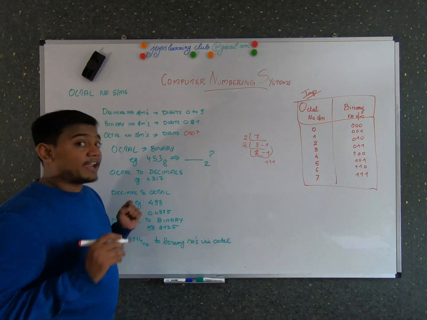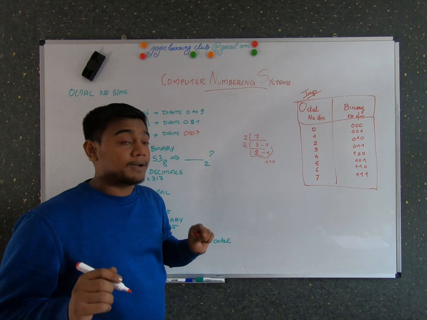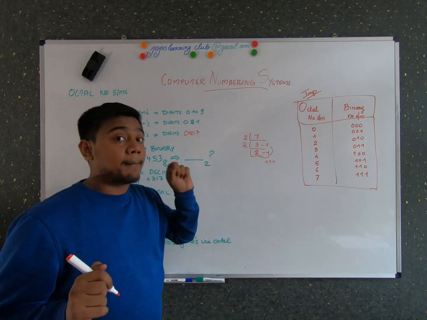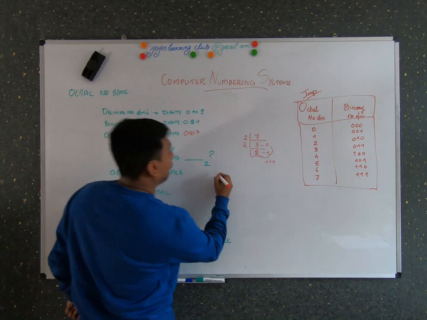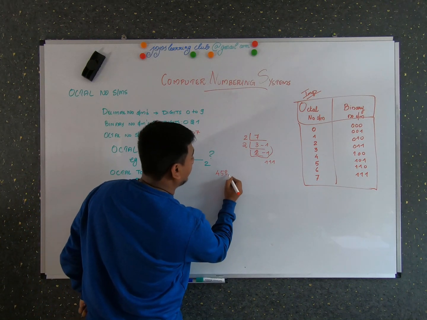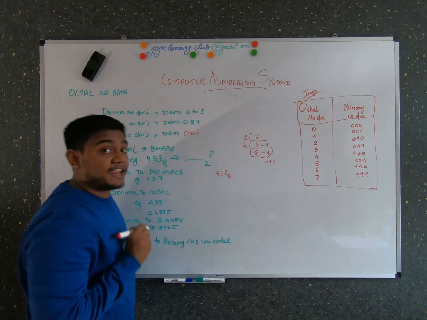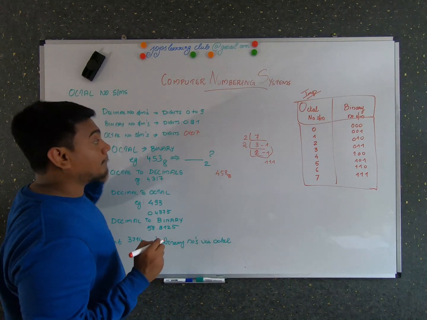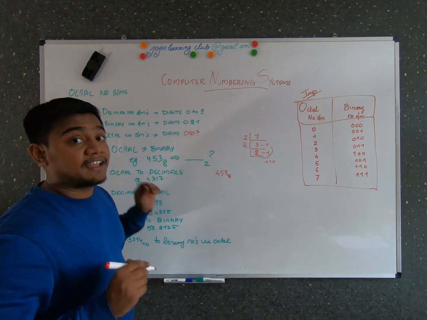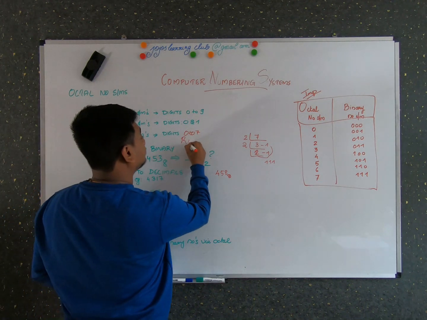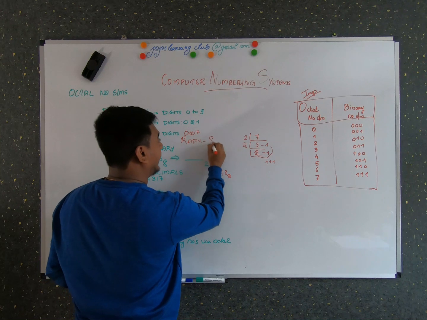As I said, when you write an octal number in terms of binary numbers, you represent each digit of the octal number in terms of 3 binary digits. For example, 453 is an octal number with base 8. An octal number has 8 digits, from 0 to 7, and its radix or base is 8.